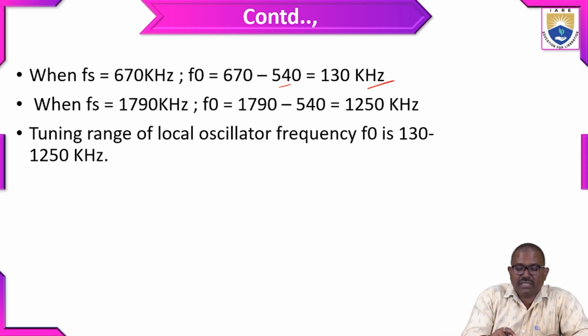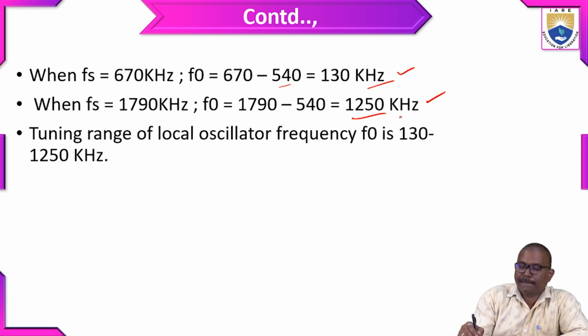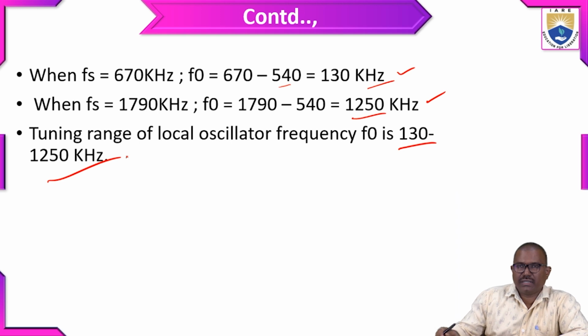Again, when Fs is equal to 1790 kilohertz, F naught is 1790 minus 540, so totally 1250 kilohertz. So the tuning range of the local oscillator frequency F naught is 130 to 1250 kilohertz.